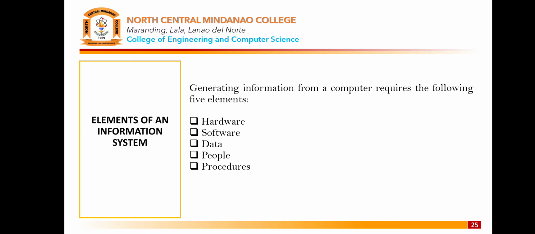And generating information from a computer requires these five elements: the hardware, the software, data, people, and procedures. Together, these five comprise an information system. They are all present in an information system.